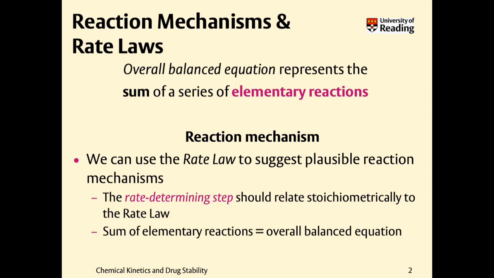We can use the rate law to suggest plausible reaction mechanisms because we know that the rate law will link to the stoichiometry of the rate determining step. So the elementary reaction that is the slowest. So the slowest reaction will be the reaction within the mechanism that determines the rate.